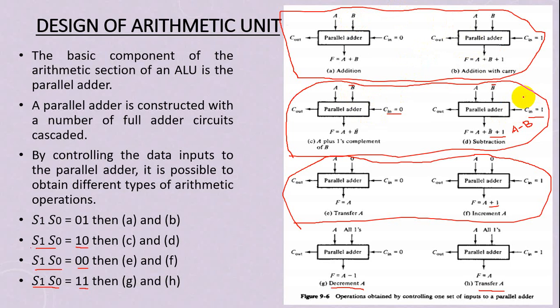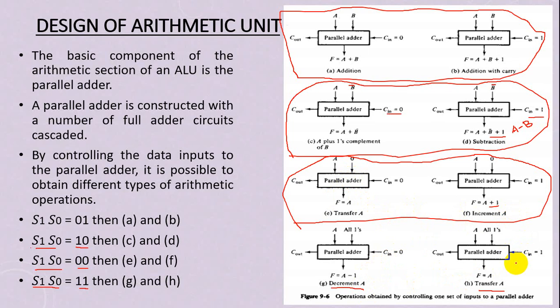We modify B to B bar, and we get A plus 1's complement and A minus B operation. The third case, we modify B to 0, and again we get two different operations: transfer of A and increment of A. The fourth case, again we modify B to all 1, and we get two different operations: decrement of A and transfer of A.